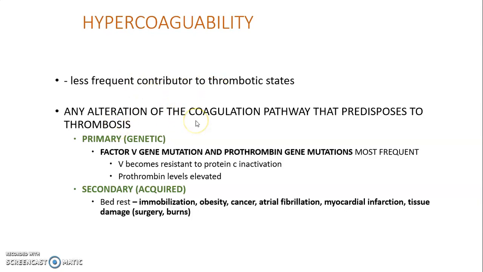Any alteration of the coagulation pathway that predisposes to thrombosis, like primary cause or genetic, when there is factor V gene mutation and prothrombin gene mutation. Secondary cause is acquired, in case of immobilization, obesity, cancer, atrial fibrillation, MI, tissue damage after surgery or burns.